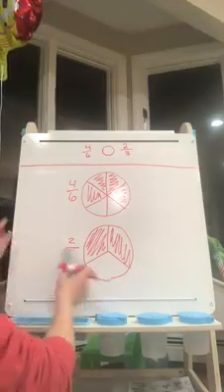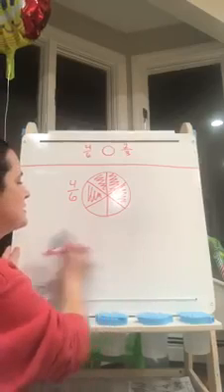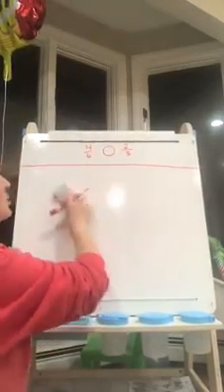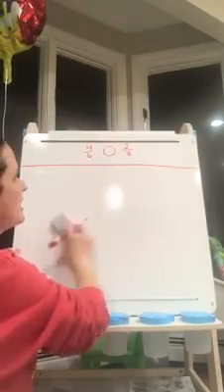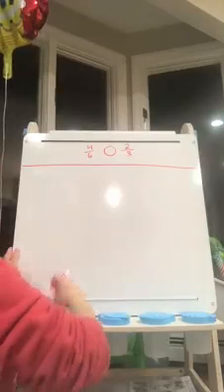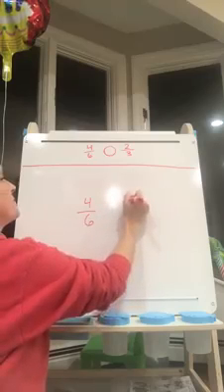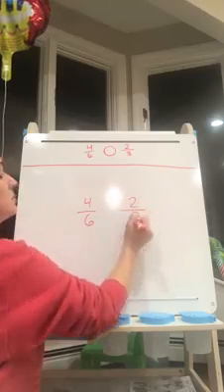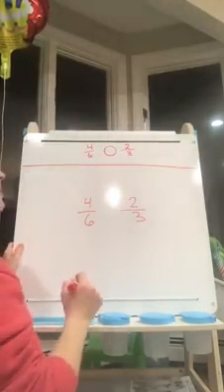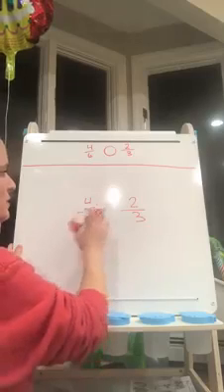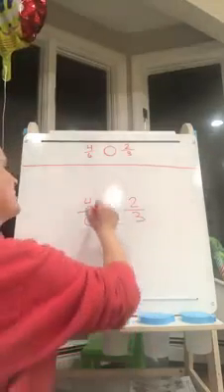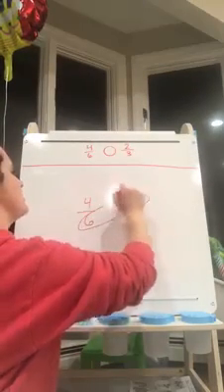I'm going to show you one more way, and this way is a little different. It's not really a picture. It's kind of a trick. This way is called cross multiplication. A lot of kids end up loving this way the most. So I need to think about which of these fractions is bigger. So I'm going to cross multiply.